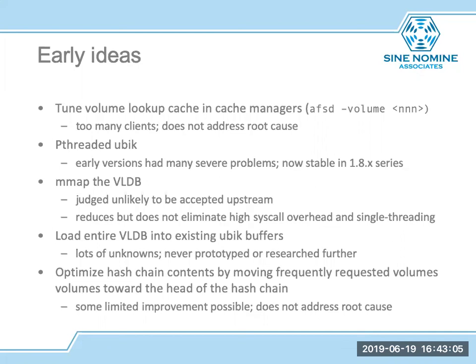But again, it doesn't really address the root cause. We're limited in how much help that's going to be if you have a very busy cell, because there's going to be constantly new volumes added to the head of the chain. And so you would have had to change where the new volumes go as well. If you put them out on the end of the chain, then you've got to be able to find the end of the chain to do an insert. So that doesn't really solve very much.